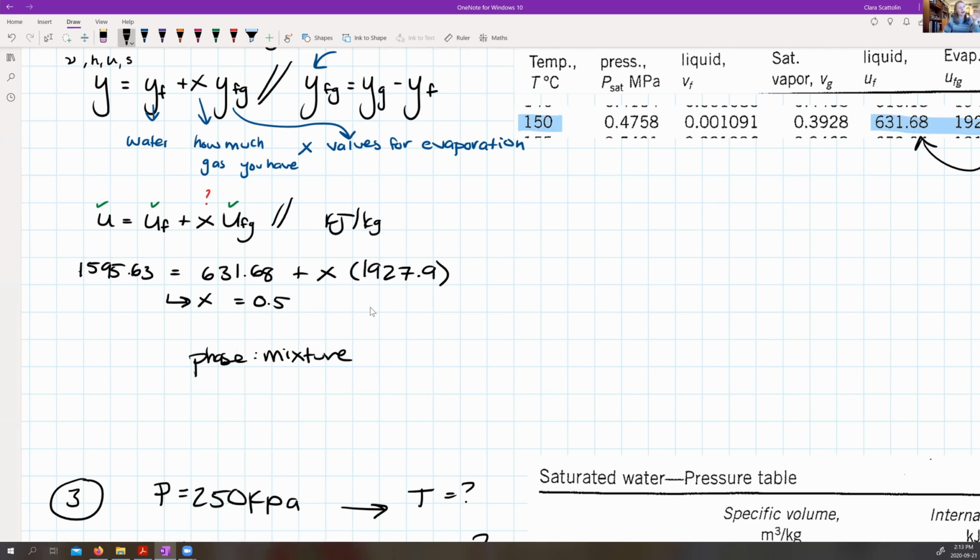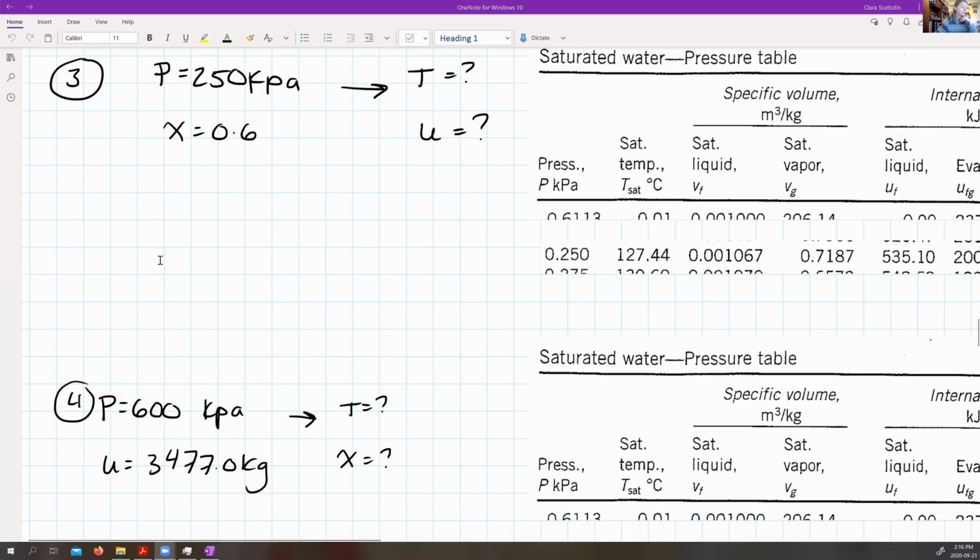And because I'm on that pressure line, those pressure lines don't change, I'm keeping it at a constant pressure. My P is equal to PSAT, which is 0.4758 MPa.